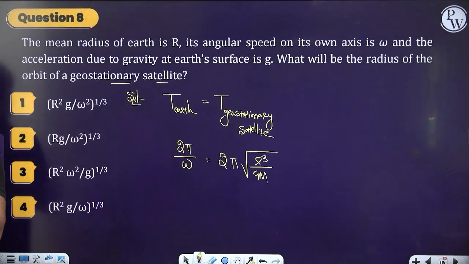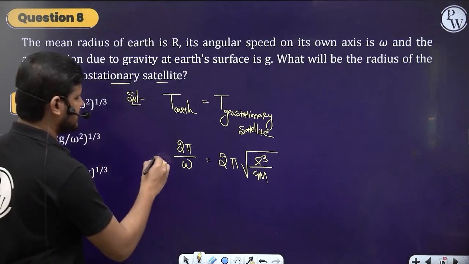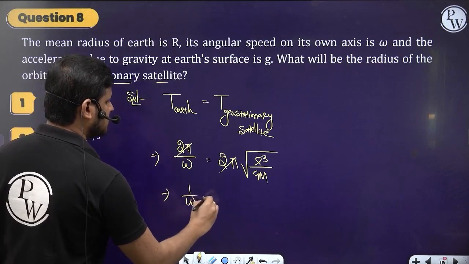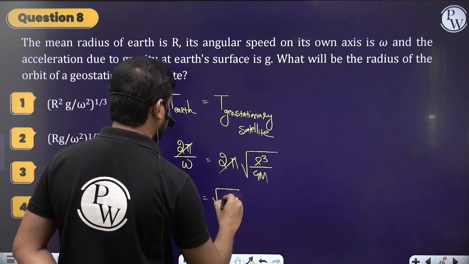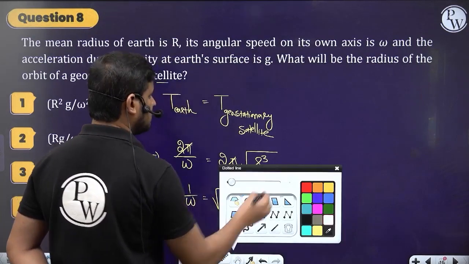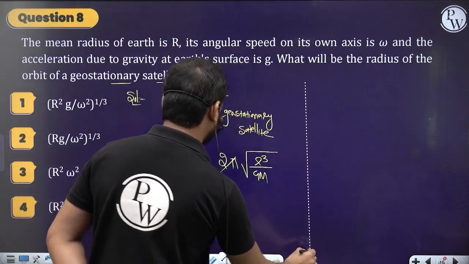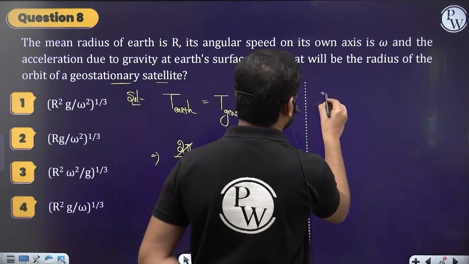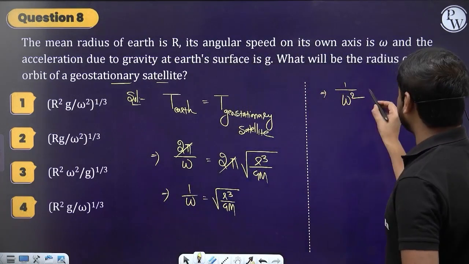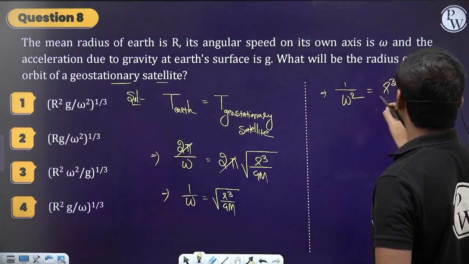Just do the simple calculations. The 2 pi cancel, so 1 by omega is equal to root over r cube by GM. Let's square on either side: 1 by omega square is equal to r cube by GM.